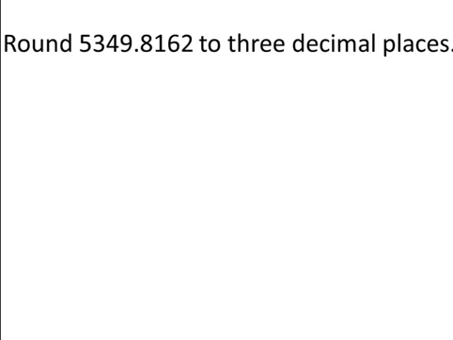Round 5,349.8162 to 3 decimal places. 3 decimal places over would be our thousandths place, in which we have a 6. In order to determine how to round, we look to the next digit on the right, which is a 2.